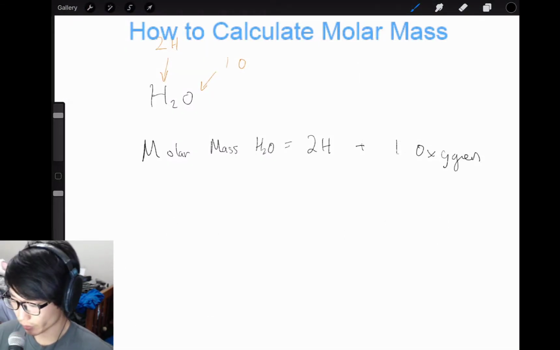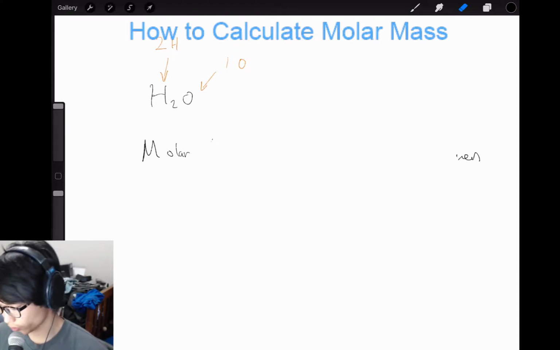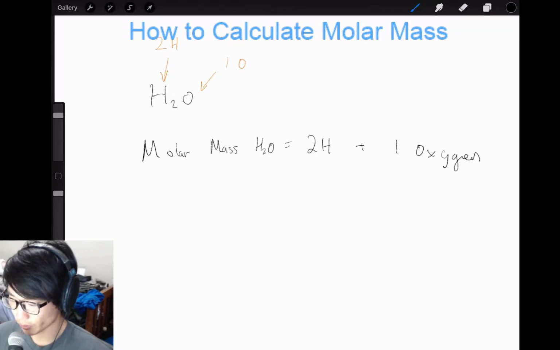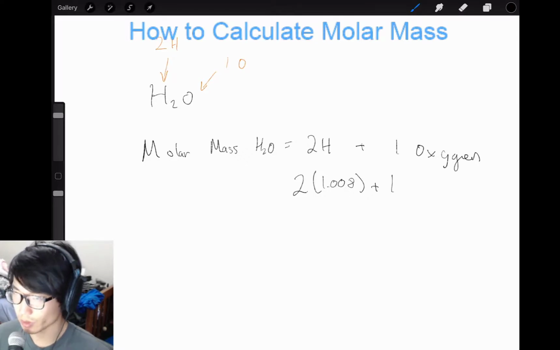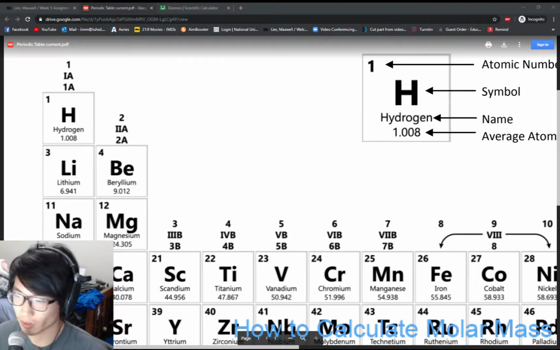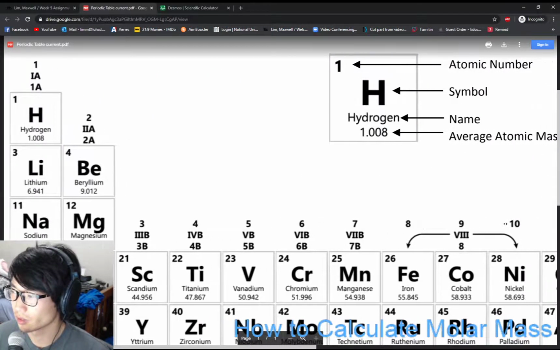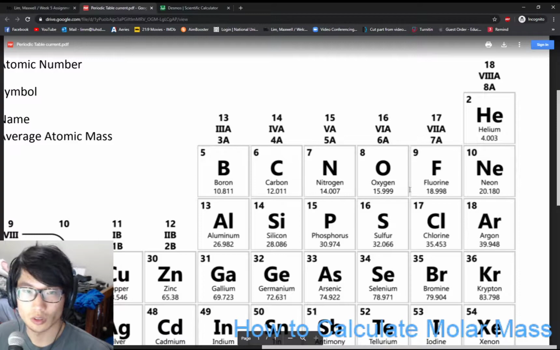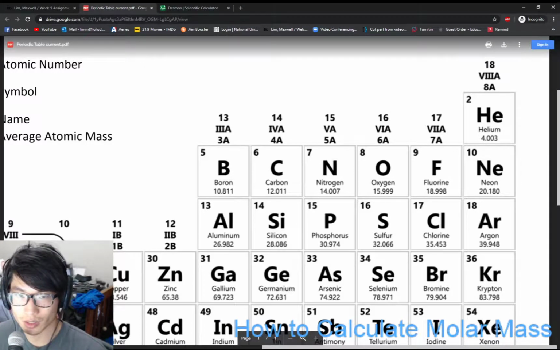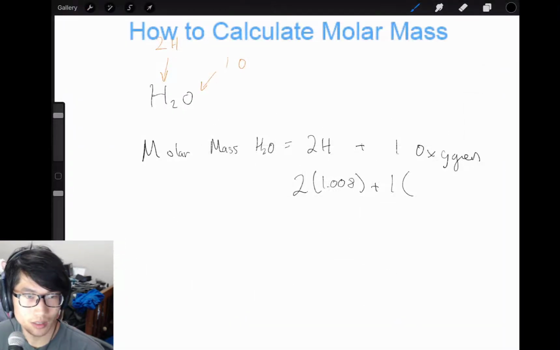So I'm going to put 2, and then for this H, I'm going to fill in the 1.008, plus 1 times the mass of oxygen. So I need to go back to my periodic table and find the mass of oxygen. I see right here my mass of oxygen is 15.999.